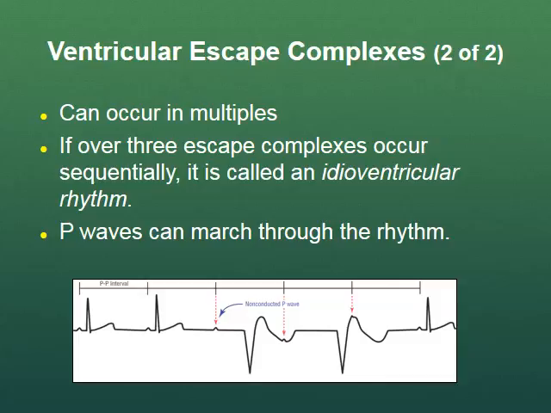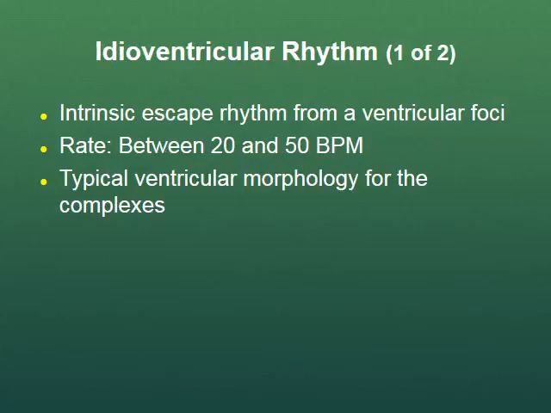We have our P waves all the way through, but we stop seeing our QRS complexes following those P waves. So we have a ventricular escape rhythm that takes over until our sinus node recaptures the ventricles and continues pacemaking responsibility.